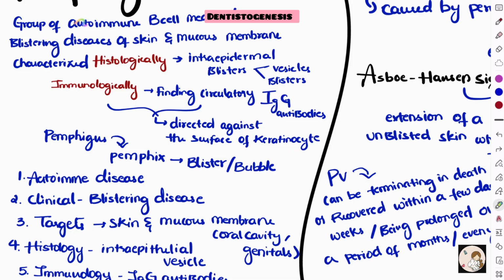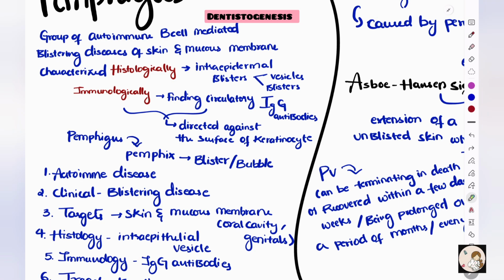Pemphigus is nothing but an autoimmune B cell mediated disease in which IgG antibodies are directed towards the keratinocytes on the skin. If this is a skin layer, keratinocytes are present. But our body, which develops an autoimmune disease, prepares IgG antibodies against these cells in the skin, causing the cells to undergo lysis.